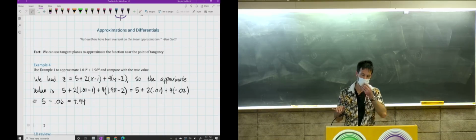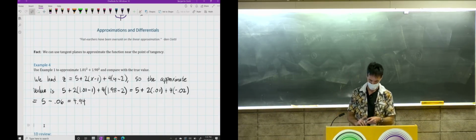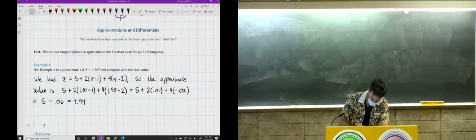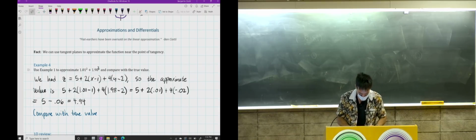In this case, it turns out it's also pretty easy to compute the value directly. So let's compare this with the true value, which I'll just use a calculator to find.